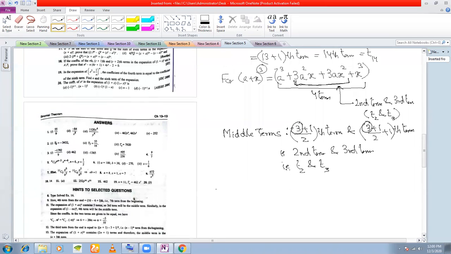So for any binomial expansion with an odd power, for (a plus x) to the power of n, where n is odd, what are the middle terms?